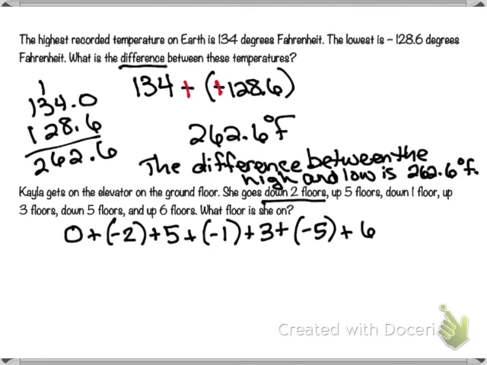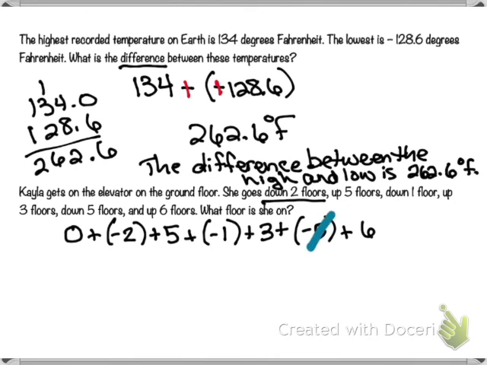Well, what we can do with this problem is we can look at our opposites, because we know that when you have a negative and a positive and they combine, remember, they go kaboom and they disappear. So if we have a 5 and a negative 5, those go kaboom and they disappear.